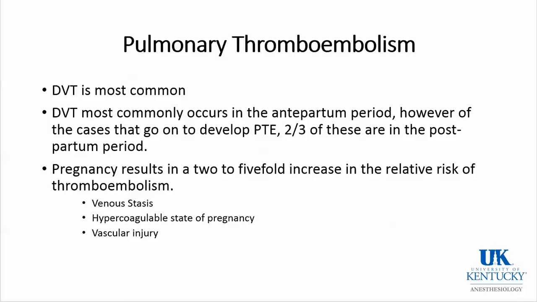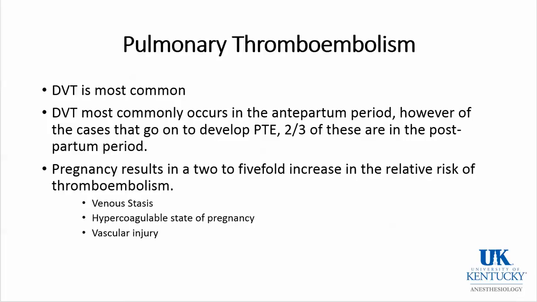So you've got this large gravid uterus that compresses the inferior vena cava, and as a result, you get an increase in venous stasis. During pregnancy, you also see a change in coagulation. You get enhanced platelet turnover, enhanced coagulation, as well as enhanced fibrinolysis. You see an increase in coagulation factors, but you also see an increase in thrombin generation.